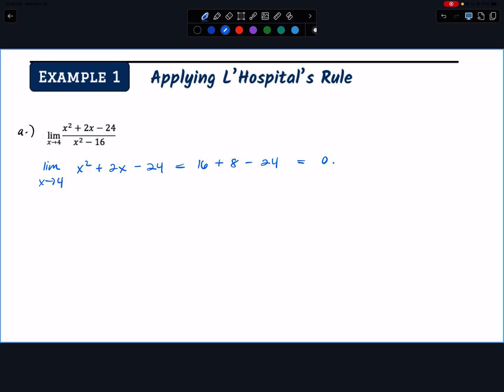Okay? Do the same thing for the bottom. The limit as x approaches 4 of x squared minus 16 is equal to, 4 squared is 16 minus 16, which equals 0.